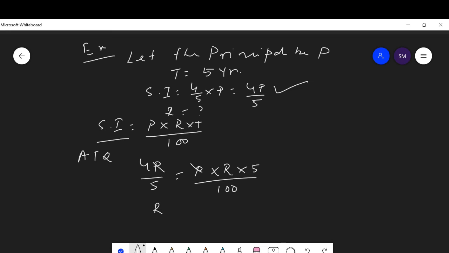Then here R is equal to 4 into 100, 400, upon 5 into 5, which is 25. 400 divided by 25 is equal to 16. Then here rate of interest is equal to 16%. Okay.